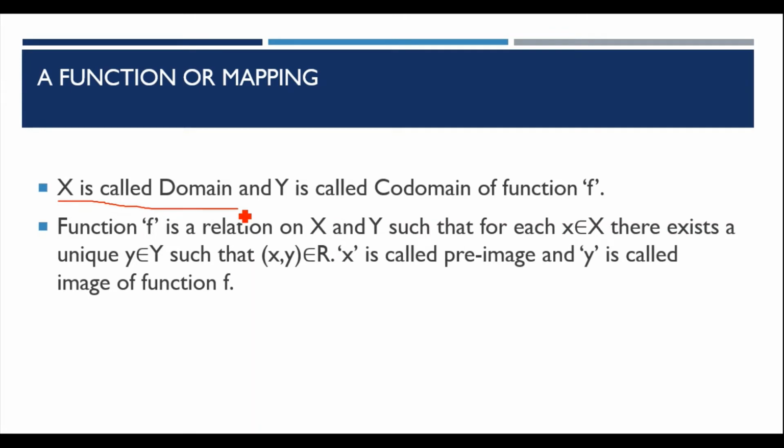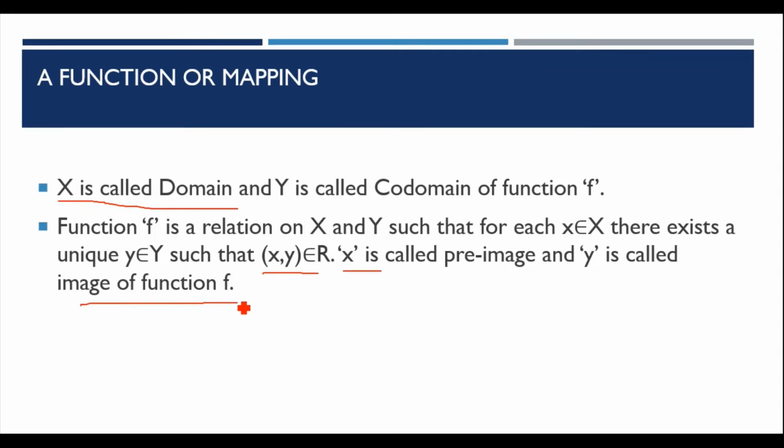Function f is a relation on X and Y such that for each x that is a member of set X, there exists a unique y that is a member of set Y, such that (x, y) is a member of the function. Here, x is called the pre-image and y is called the image.